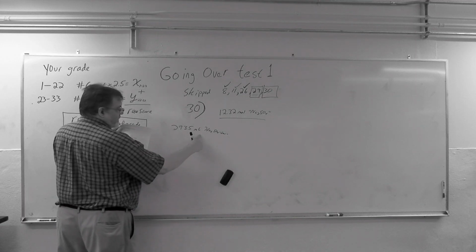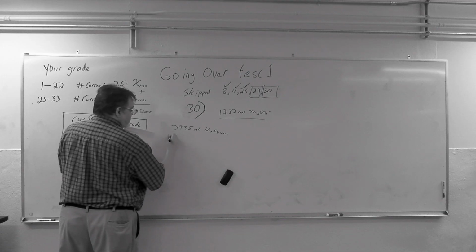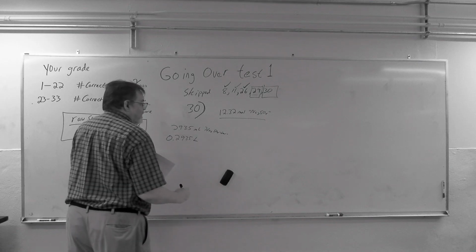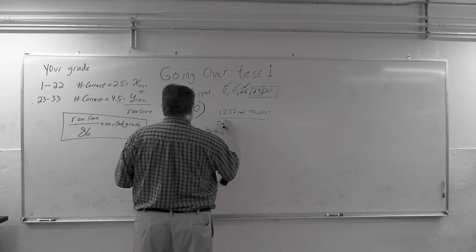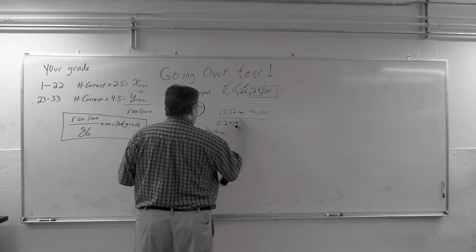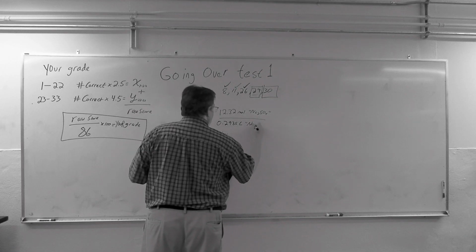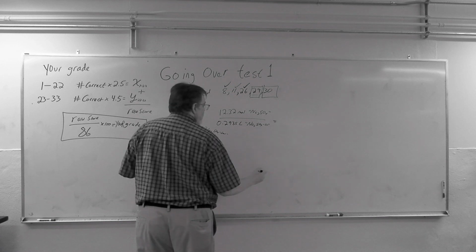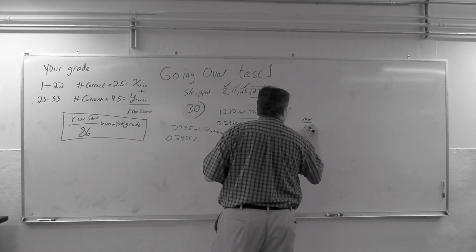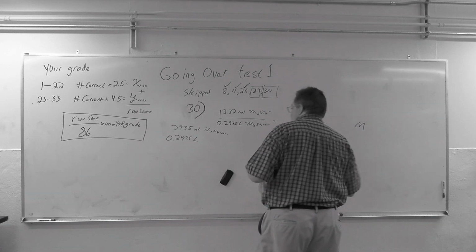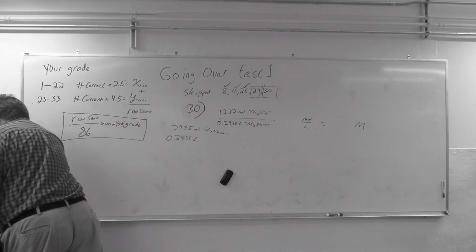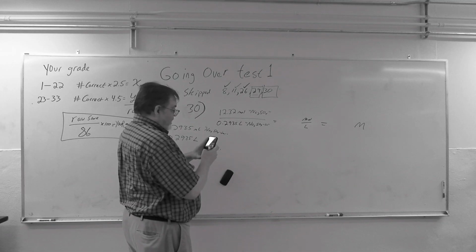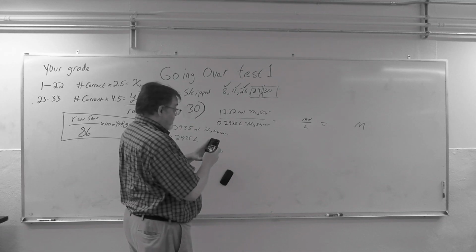I just need it in liters. So if I move the decimal, it's 0.2935 liters. And that's it. That would be moles per liter, which is the same thing as capital N. 12.32 divided by 0.2935.